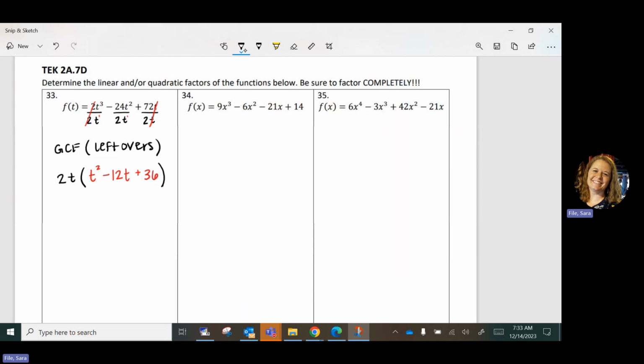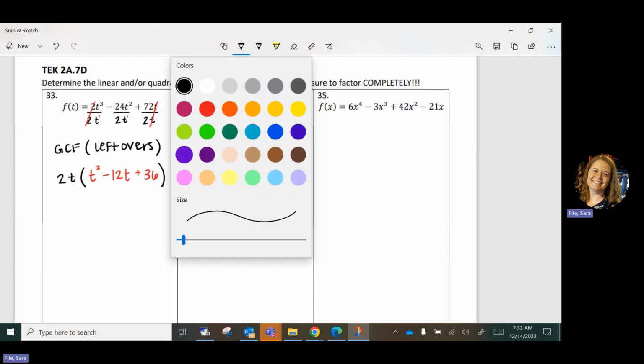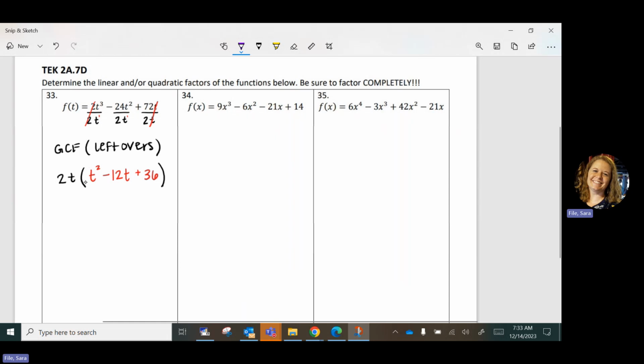When it is an A value of 1 in my trinomial, this is what I'm talking about right here. This is an understood 1. I think guess and check is pretty straightforward because we know we're factoring to the 2 sets of binomials.